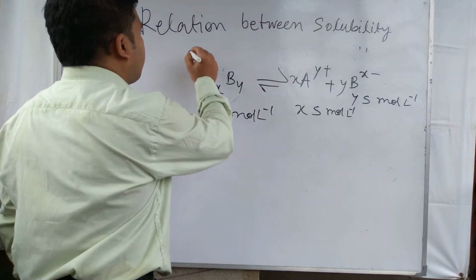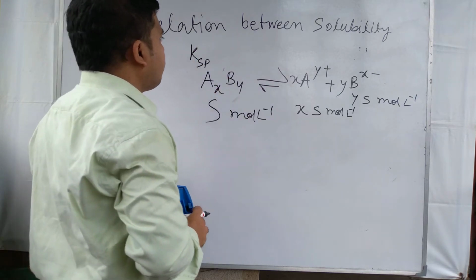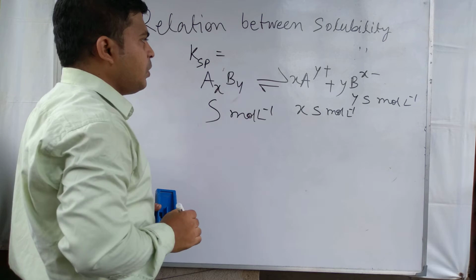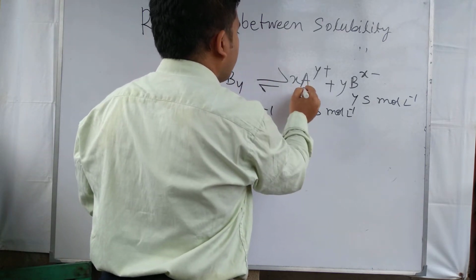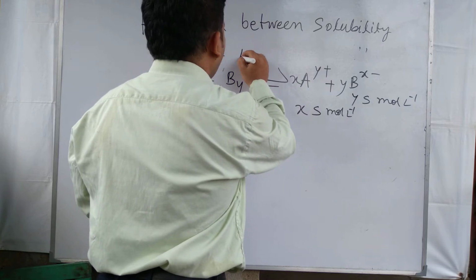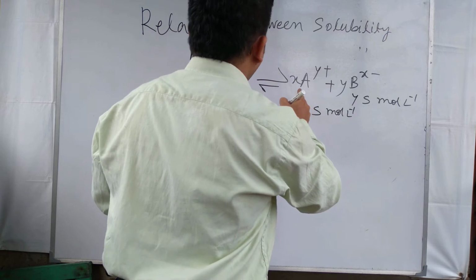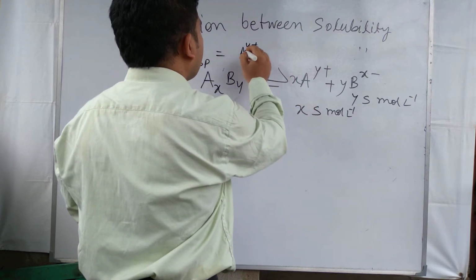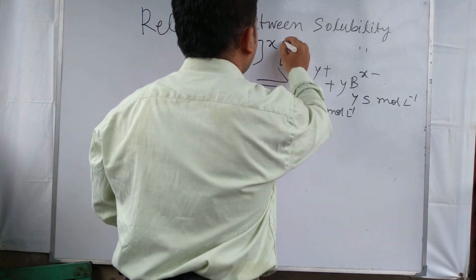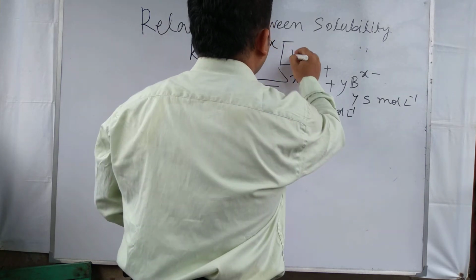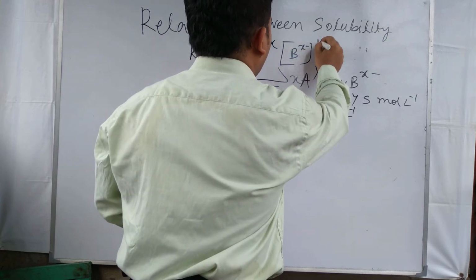Next, for solubility product, Ksp equal to, we know that, [A^y+] to the power x and [B^x-] to the power y.